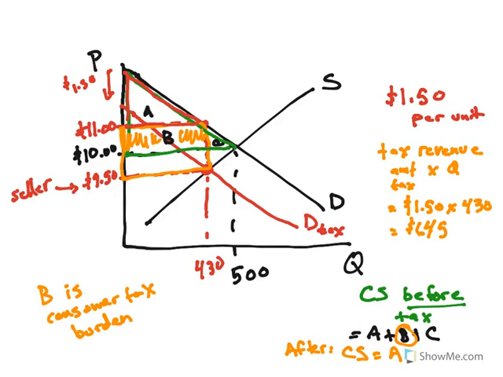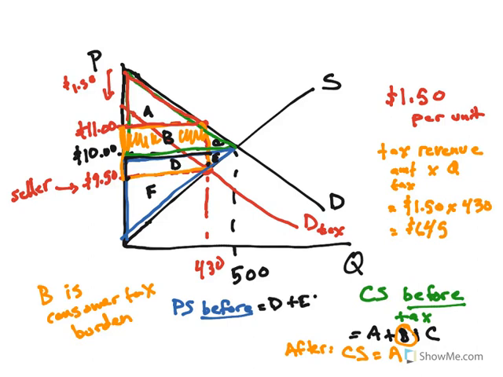Now we can do the same thing for our seller. Let's make that a straight line all the way down so we can really break it down. So before the tax, at the original price and quantity, that blue triangle was producer surplus before the tax. But after the tax, let's do the same thing, break down those areas into letters. So this rectangle here, D, E, and F. So before, producer surplus was D plus E plus F. Well, what is it after?